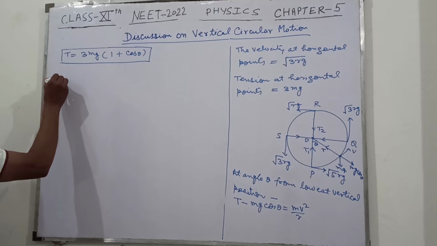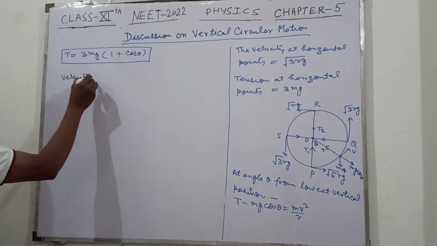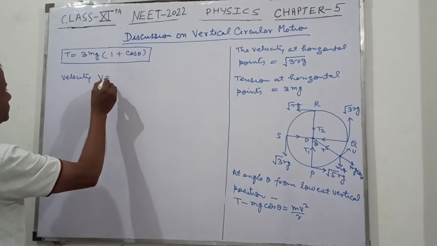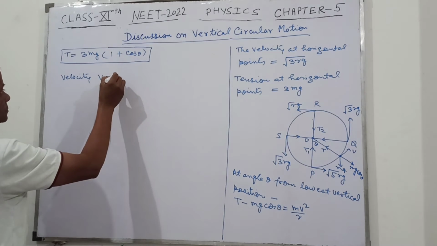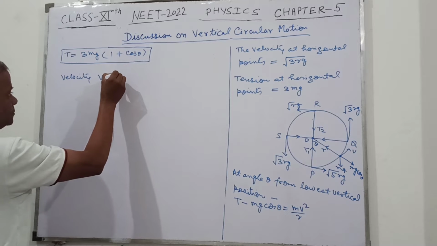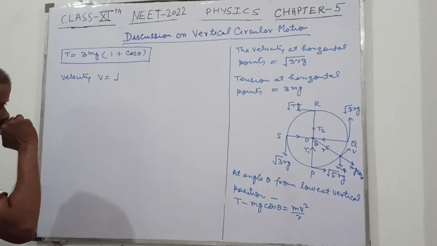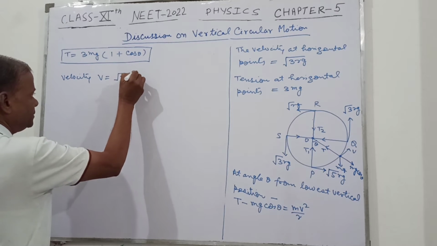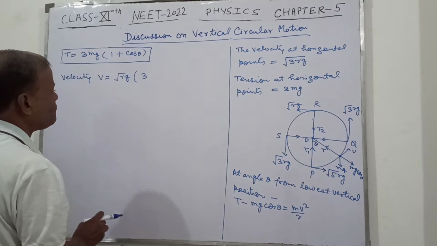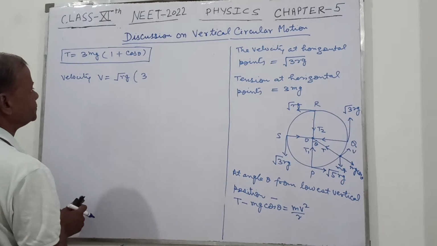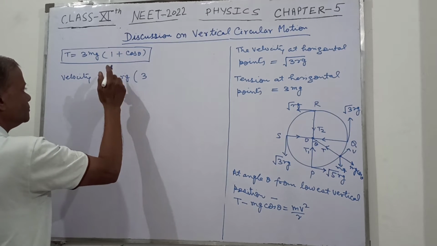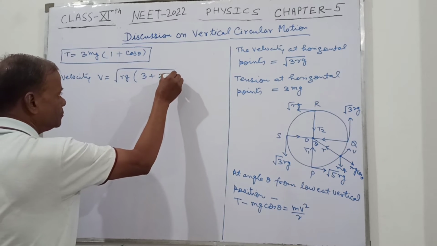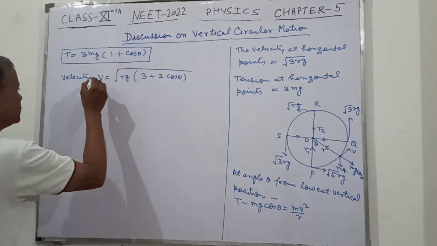And this velocity v is equal to square root of rg into 3 plus 2 cos theta.